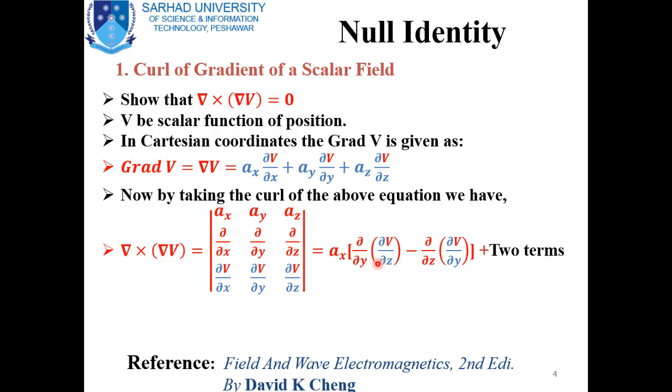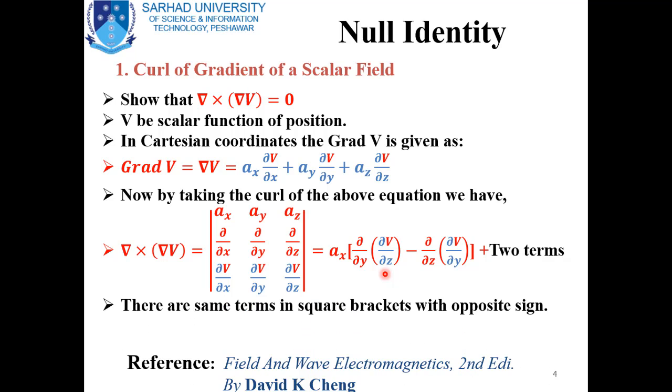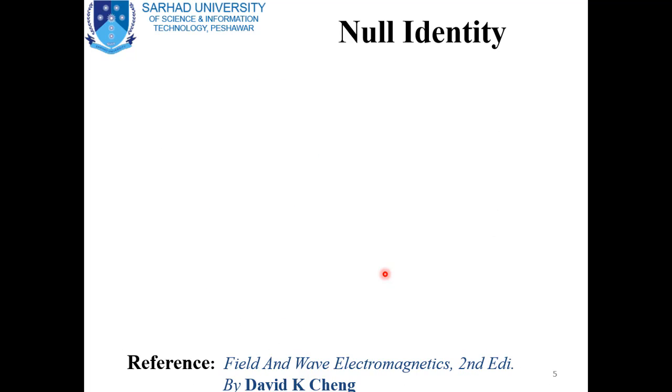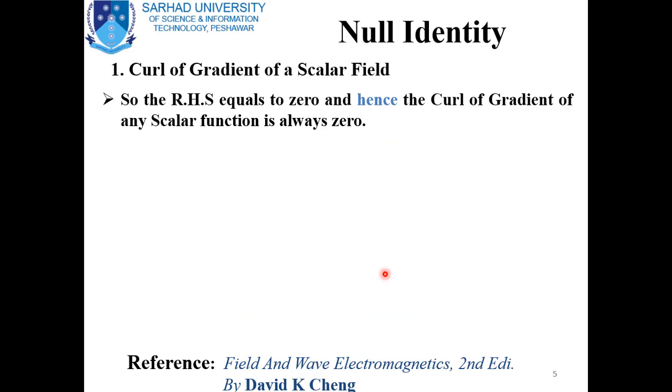So the coefficient of ax is equal to 0. The remaining coefficients of ay and az are also equal to 0. So the right hand side of the equation is equal to 0, and hence the curl of a gradient of any scalar function is always equal to 0.